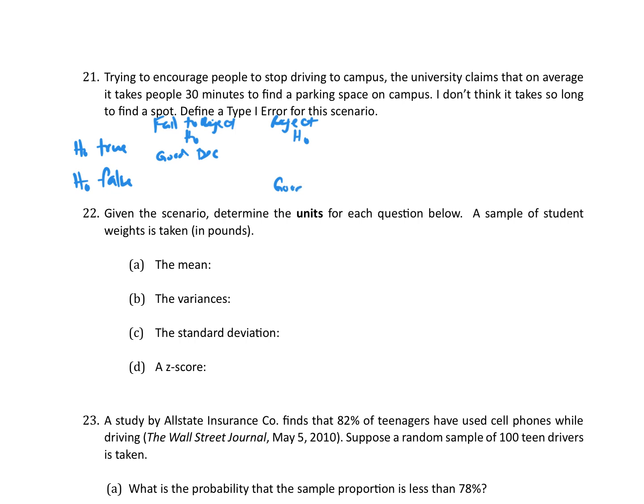This is a good decision. This is a type 1 error, which we also know as alpha. This is a type 2 error, which we also know as beta. And then don't forget, power. Top left is power.